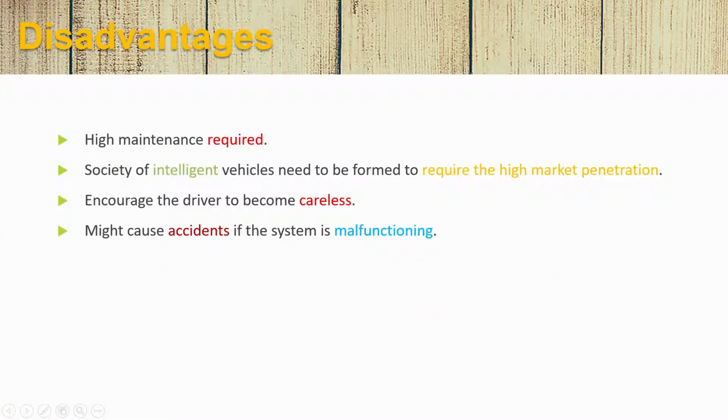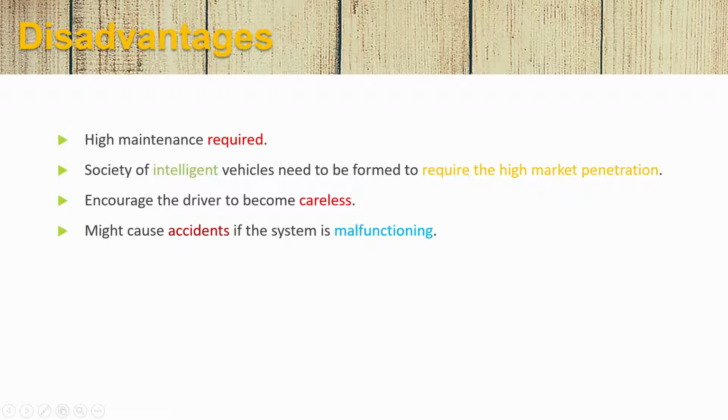Okay, the next part is the disadvantage. As you know, every system has two parts, advantage and disadvantage. For the disadvantages of adaptive cruise control, there are four being pointed out. First is high maintenance required. As I told you before, it's still new and requires expert workers or engineers to handle it.